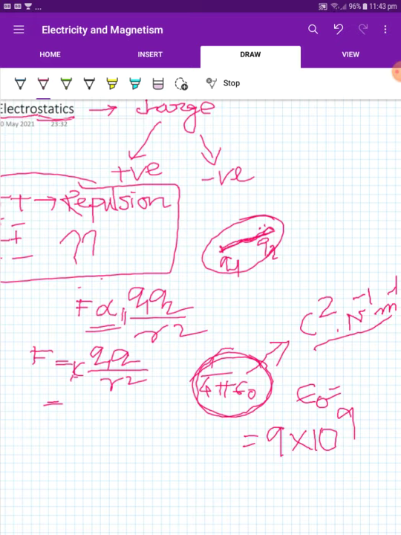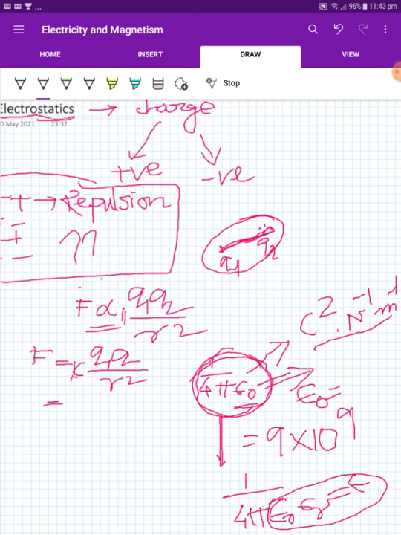Now this is quite simple, but in another medium except free space, in place of epsilon naught we introduce relative permittivity, so 4 pi epsilon naught into epsilon r is simply 4 pi epsilon. In case the medium is not free space, then this will happen.